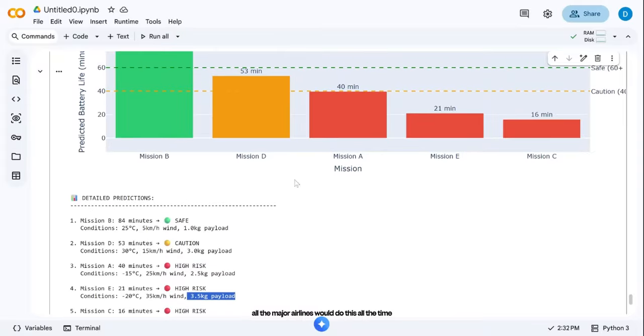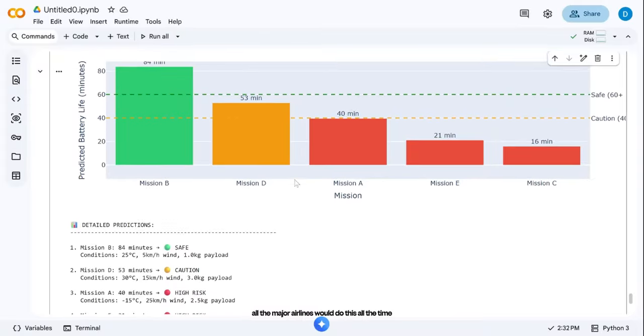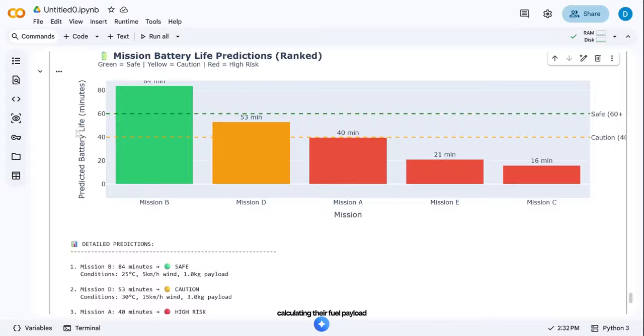So that's how you make precise flight plans with these models and calculate your flight time properly. All the major airlines do this all the time, calculating their fuel, payload, how many passengers, how many tons of payload they will have in their airplane, and the weather prediction.